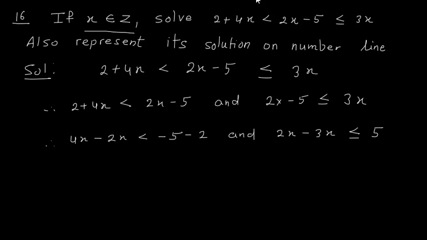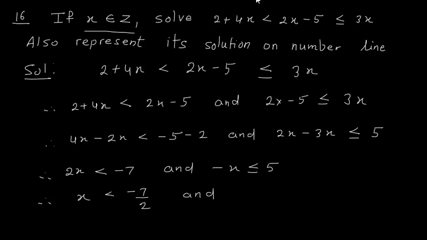Now 4x minus 2x is 2x, so I will say that 2x is less than minus 7, and 2x minus 3x is minus x is less than or equal to 5. So therefore I have x is less than minus 7 divided by 2, and x will become greater than or equal to minus 5.